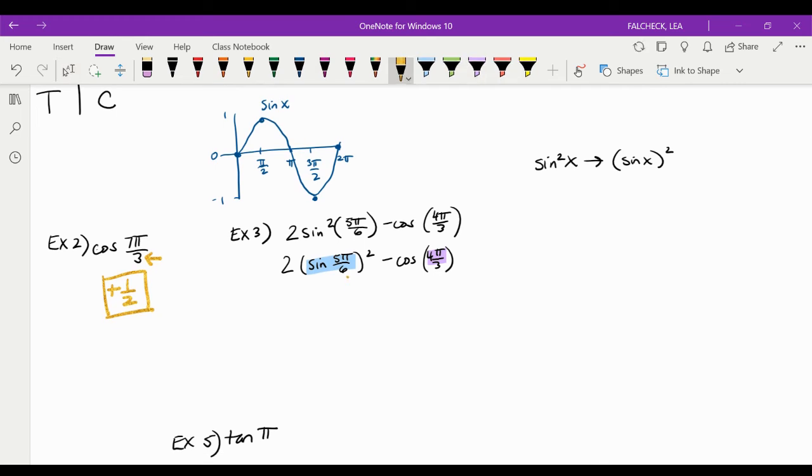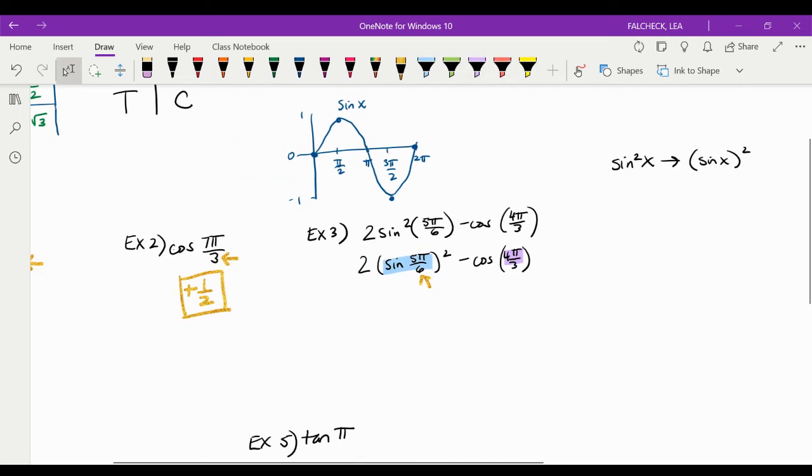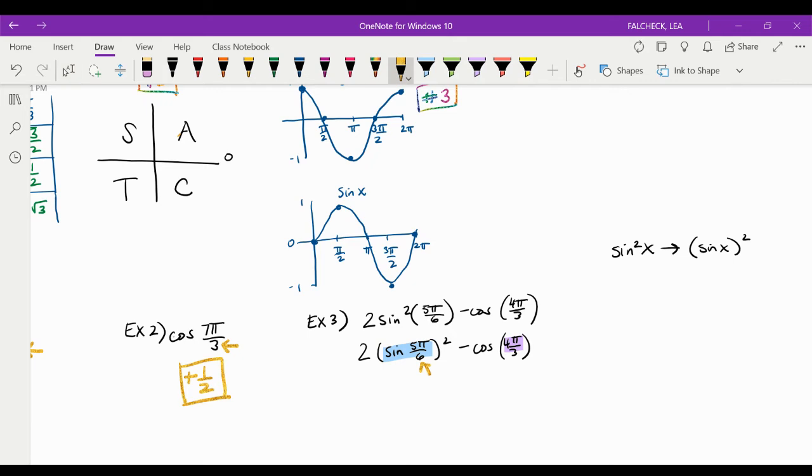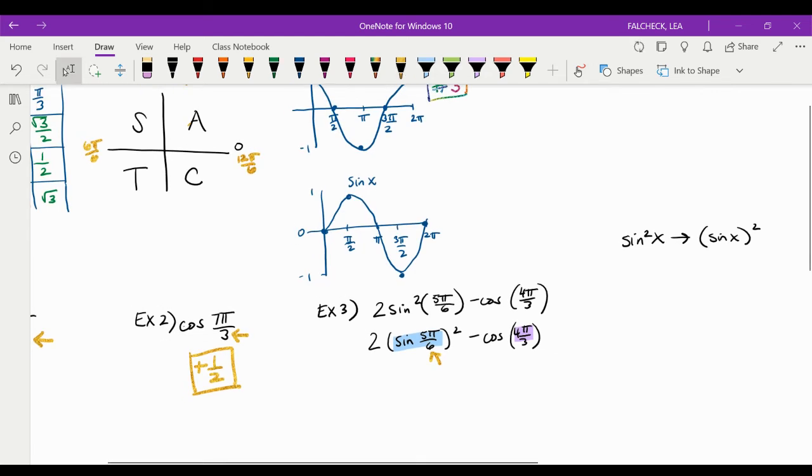The 6 in the denominator tells me that I'm going to be counting by increments of pi over 6. So I start at 0, I do 6 pi over 6, and I end at 12 pi over 6, okay? 5 pi over 6 is going to end right about here in the second quadrant. In the second quadrant, I have sine being positive.